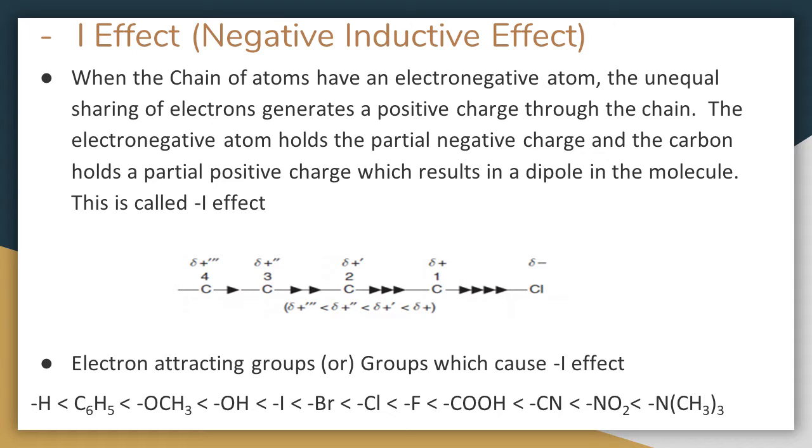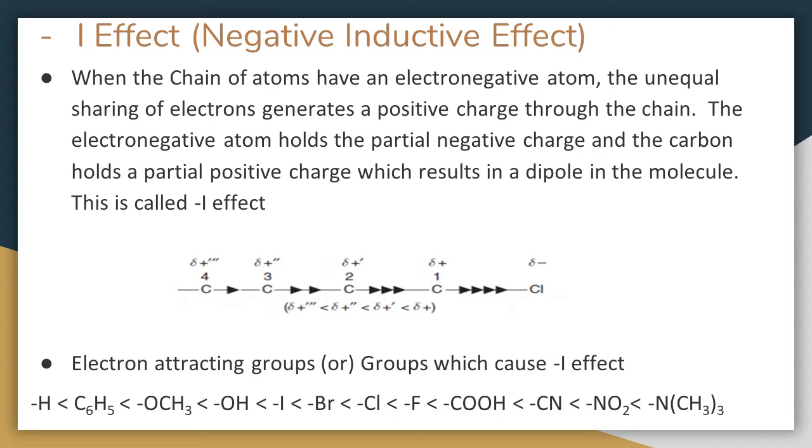In the carbon chain, if we have an electronegative atom, that is an atom which has the ability to attract the electron towards itself, it results in the unequal sharing of electrons, generating a positive charge throughout the chain.